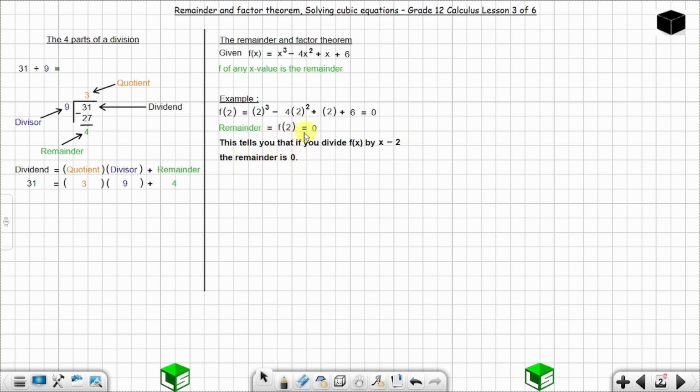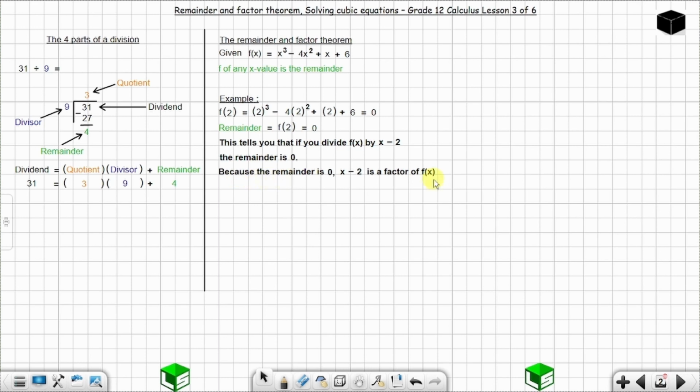And because the remainder is 0, now x minus 2 is a factor of f of x.